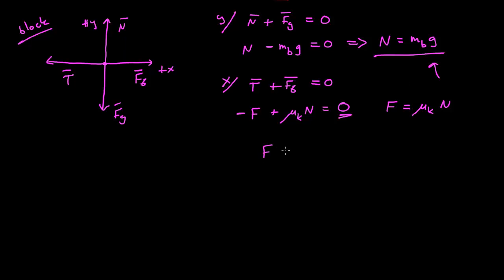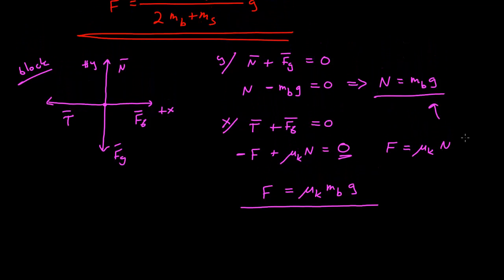So it says that the force pulling on the block is equal to the coefficient of kinetic friction times the mass of the block times the gravitational constant. And we're done. In fact, I would say this was conceptually more difficult. The solution was really quite simple.